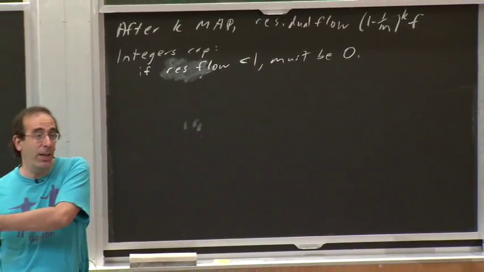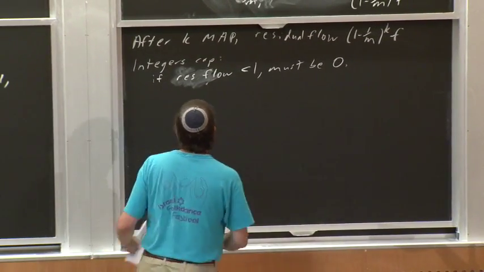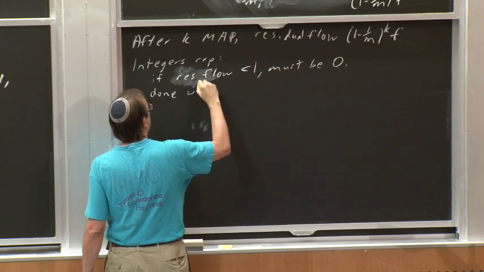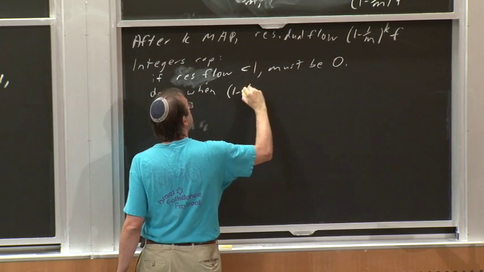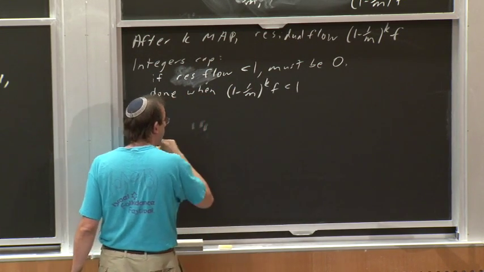We used it in the Markov inequality when we were talking about hashing, right? So in particular, we were done when 1 minus 1 over m to the k times f is less than 1.